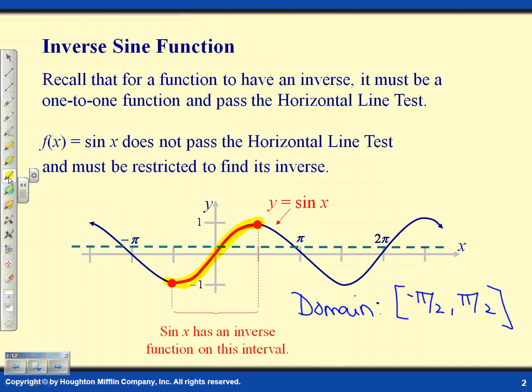I understand you don't like it, but this is why in our math classes we need to remember things. Now, what's my range? My range is looking at my lowest y value and going to my highest y value. My lowest y value is at negative 1, and my highest y value is at positive 1.